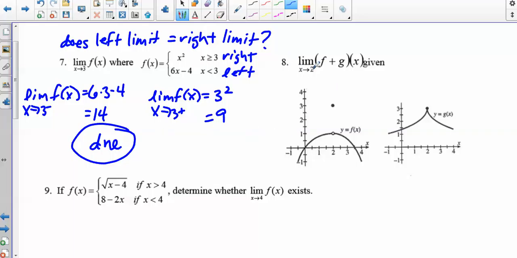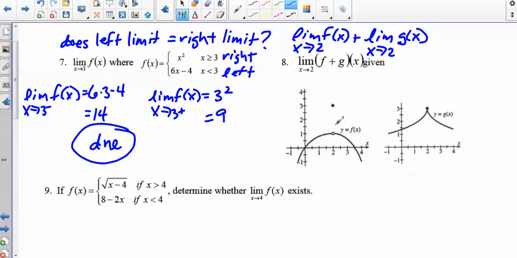In problem 8, we have the limit as x approaches 2 of f plus g of x. So the properties that we learned last class tell us that we can split this into two pieces. We can do the limit as x approaches 2 of f of x plus the limit as x approaches 2 of g of x.